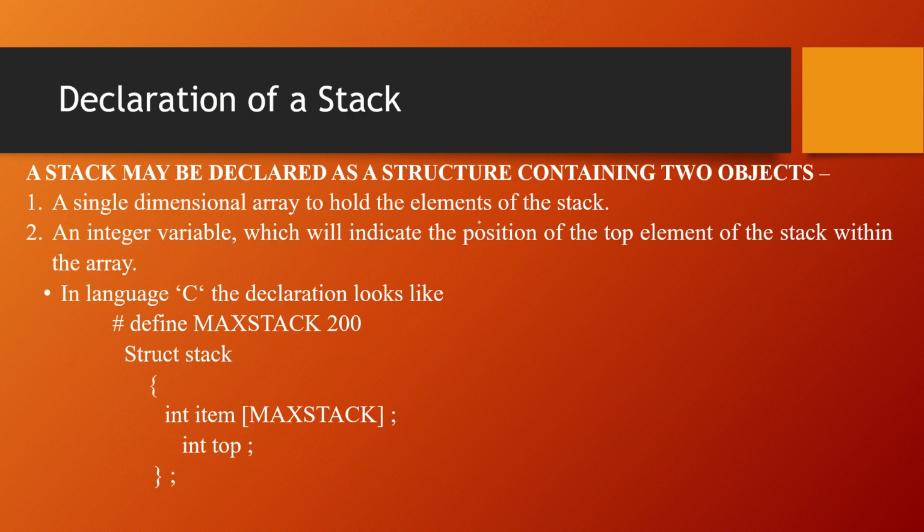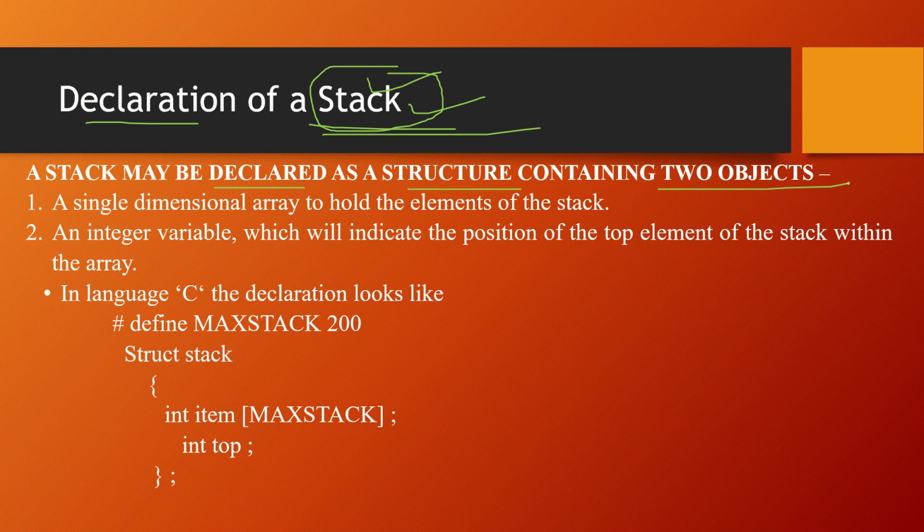So first, how the stack can be declared, that is a declaration of a stack in C. Because stack is not a built-in data structure, C provides facilities to create stack type of data structure, so we can declare the stack in C. A stack may be declared as a structure containing two objects.